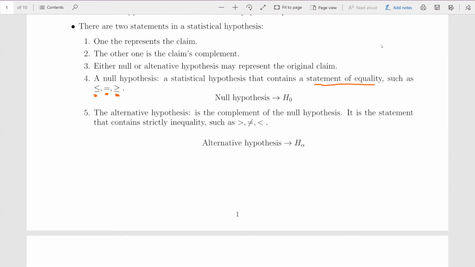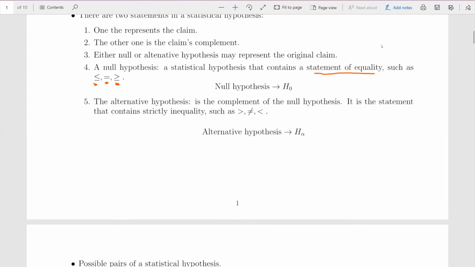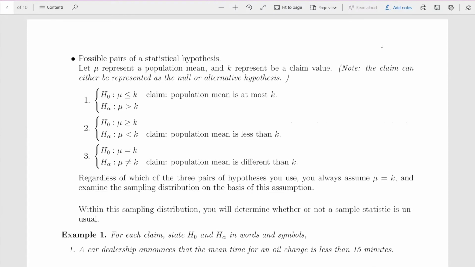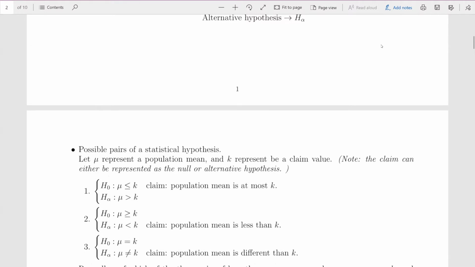And the alternative statement is just the opposite of the null hypothesis statement. So if your null hypothesis claims that the population mean is less than or equal to a value k, then the alternative hypothesis would be mu is strictly greater than k.